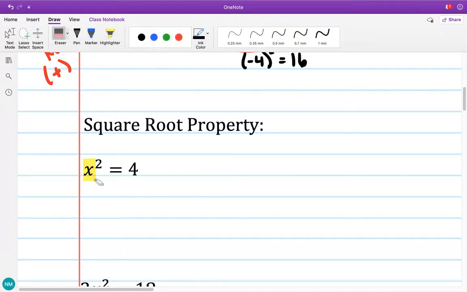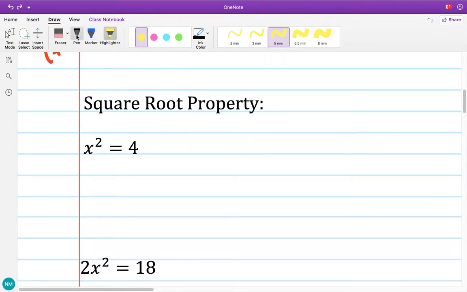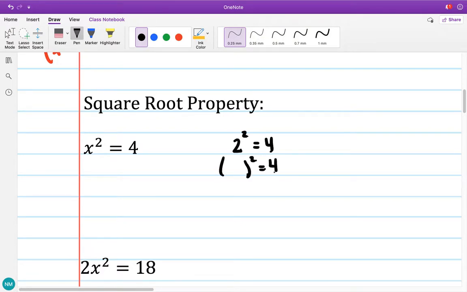The obvious answer is 2, right? Because 2 squared equals 4. But what else squared equals 4? -2 is also, when I square it, I get 4, because -2 times -2 is equal to 4, because two negatives make a positive.